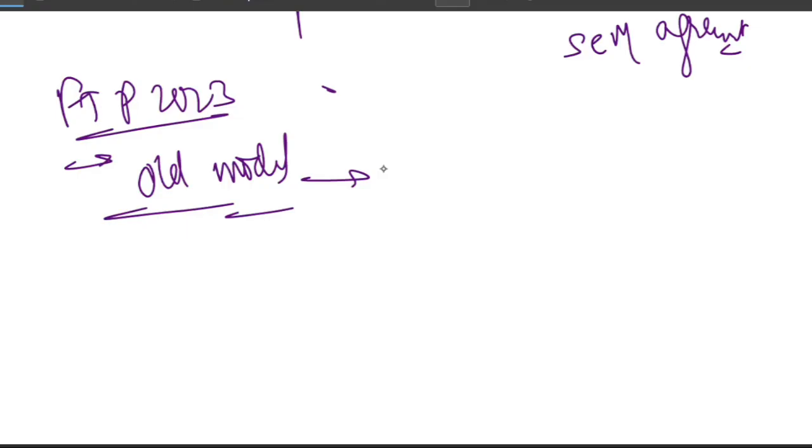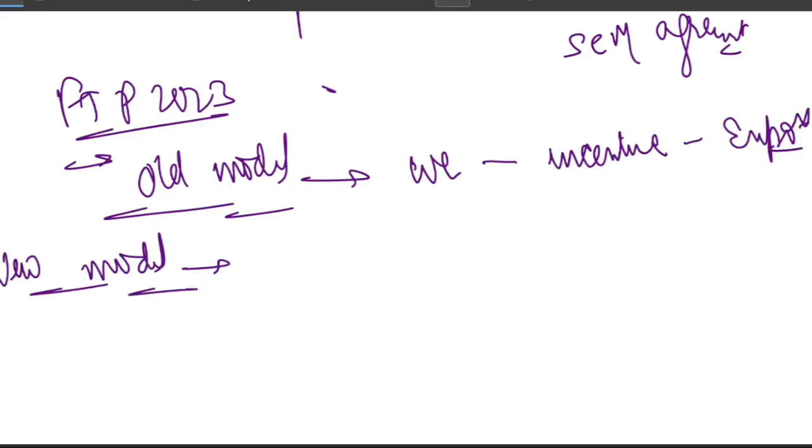The new model says that we only refund the taxes you already paid, nothing extra. We refund the taxes you paid, that's it. This refund-based system is what you call RoDTEP, that is, remission of duties and taxes on export products.